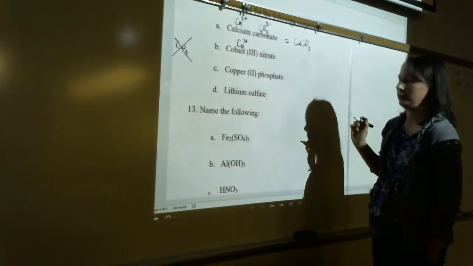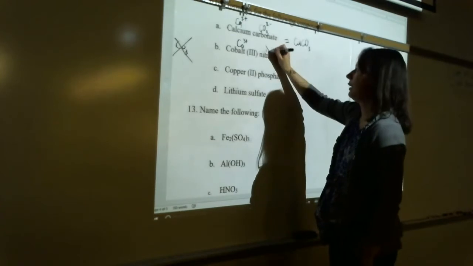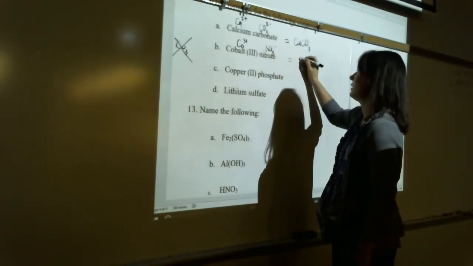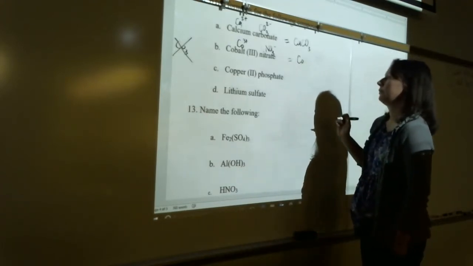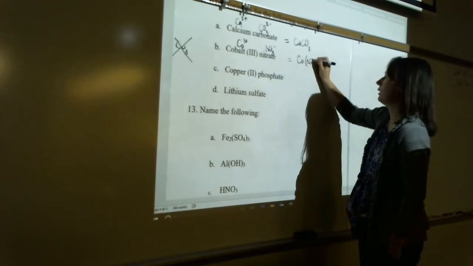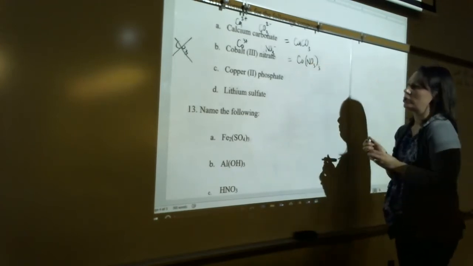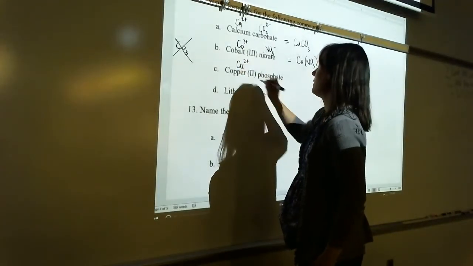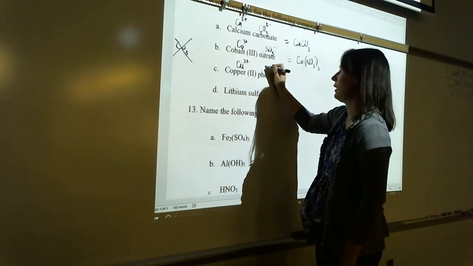What's nitrate? NO3 with what charge? Minus, right? So this is CoNO3, 3. Okay, this 2 tells me that copper has what charge? 2+. And what's phosphate?